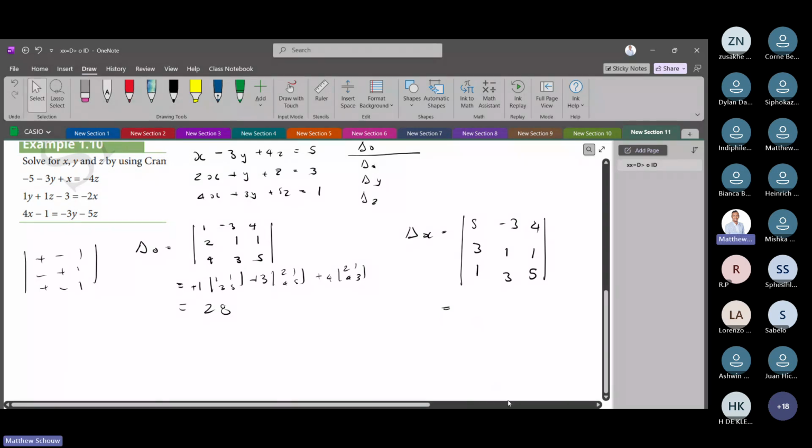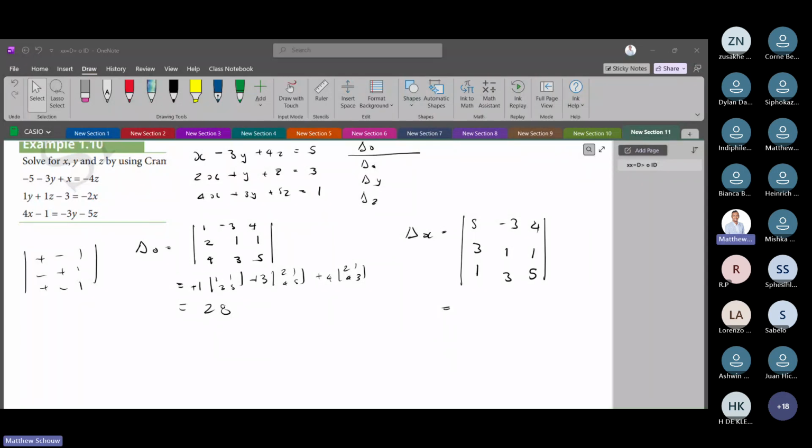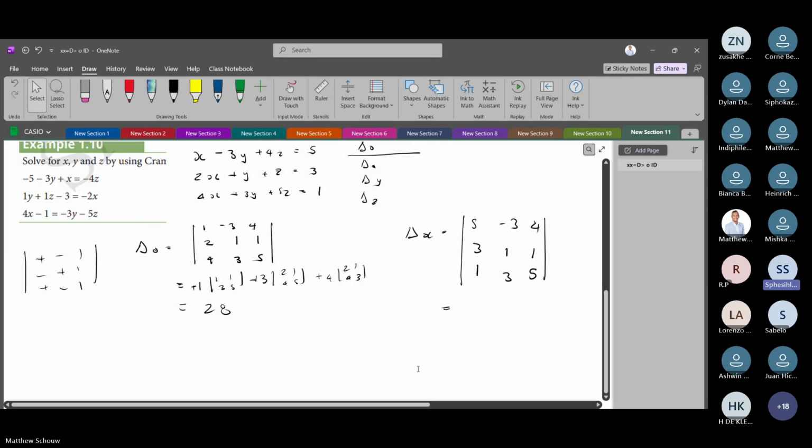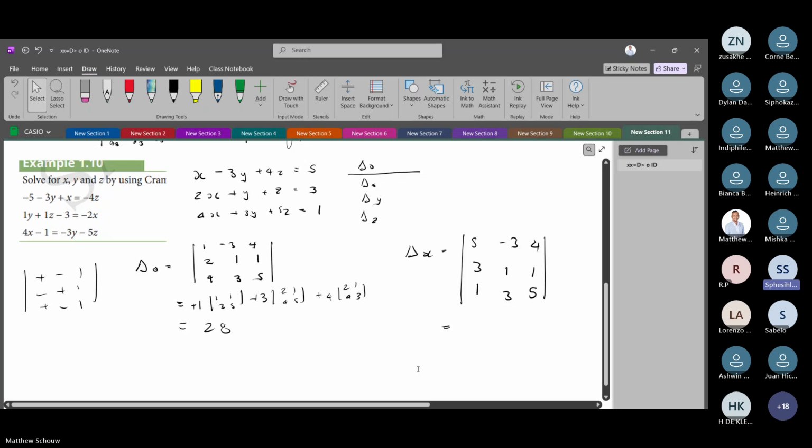You guys should not have a problem solving this. Okay, here we go. Sir, sorry, I was calculating the coefficient matrix A and the determinant of D. I got 60.